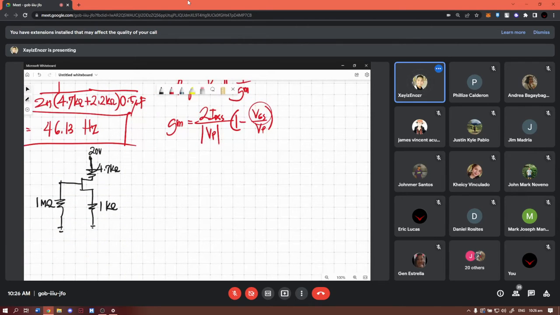Okay. So, IDSS is 8 milliamperes. VP is negative 4 volts. Okay, so hanapin natin si VGS.